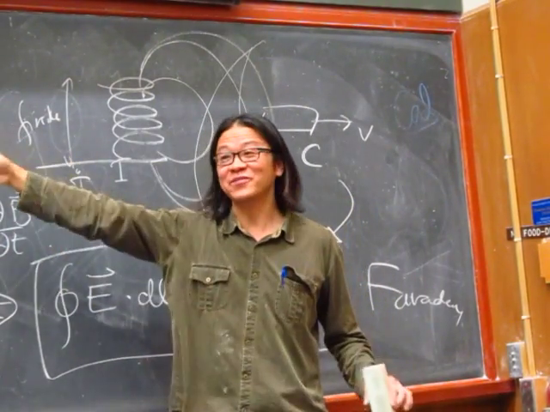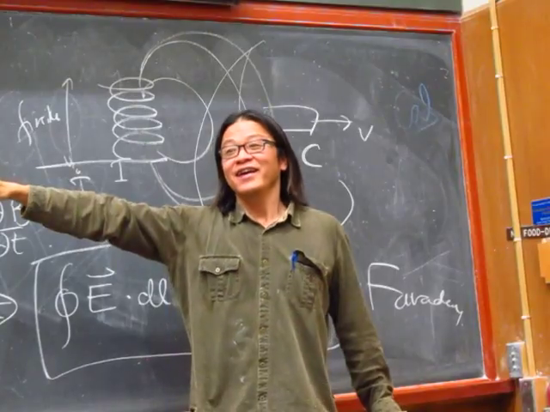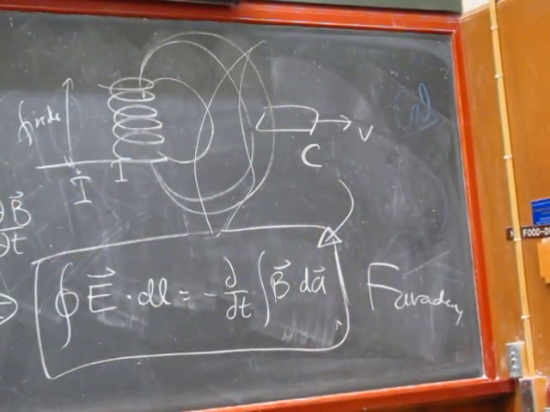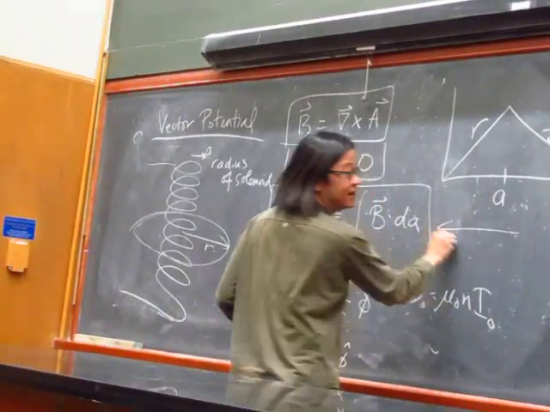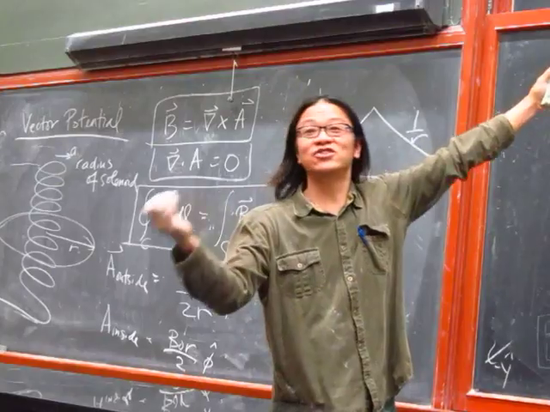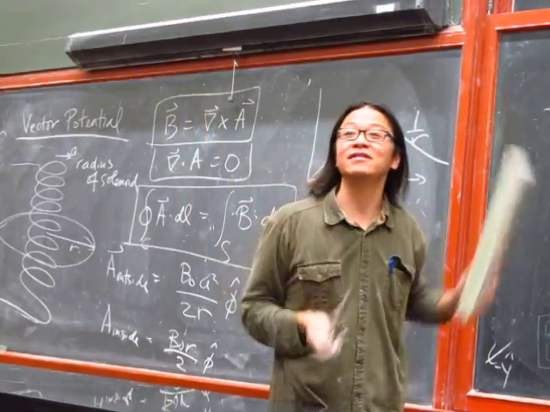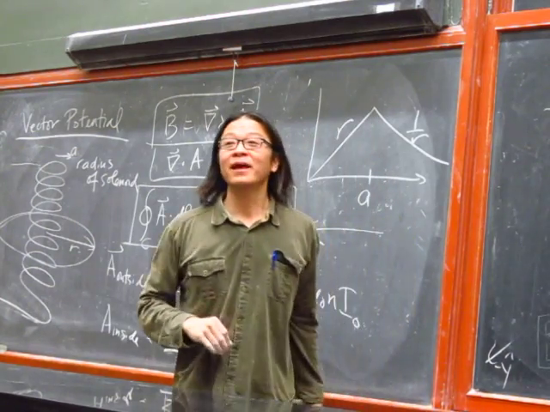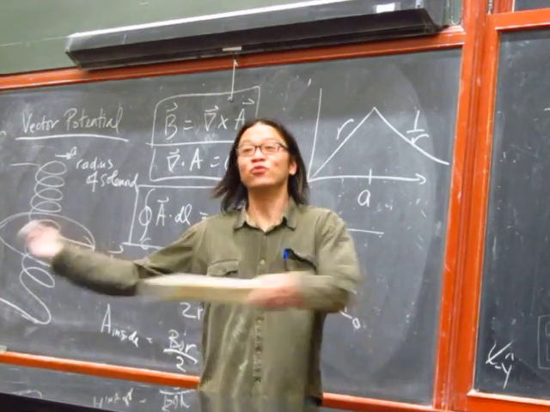I look at the vector potential and try to make an identification between the formula here and the formula there, and conjecture, what if E is equal to minus the time derivative of the vector potential? Then arrive at Faraday's law, and then prove it with experiment.